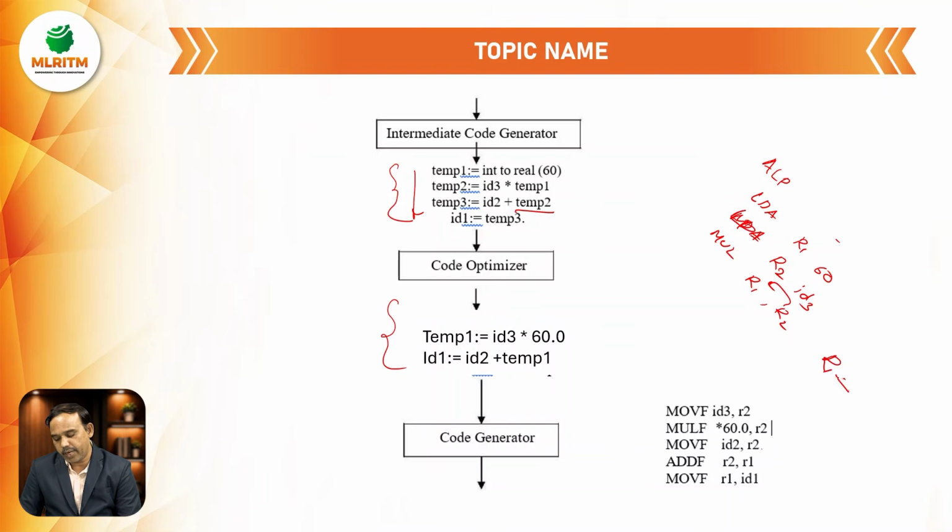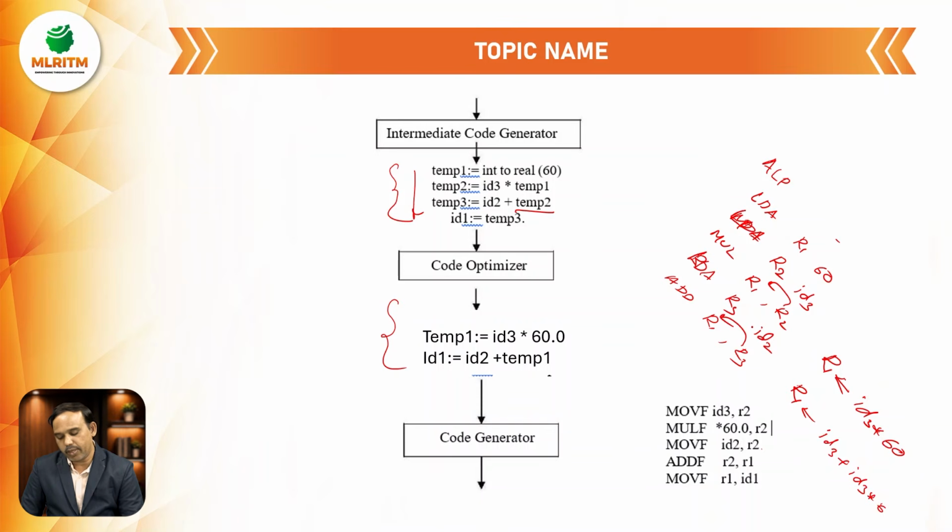Now the R1 register contains ID3 multiplication 60. Load the ID2 value into the R3 register and perform the addition operation on R1 and R3, and R1 contains the addition of ID2 plus ID3 multiplication 60.